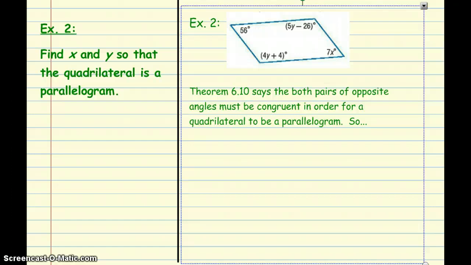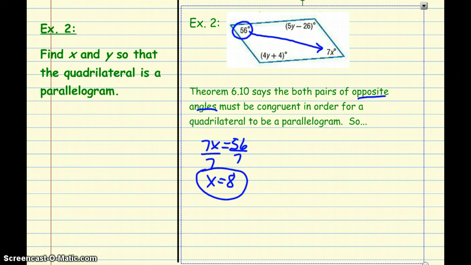So if I know that these opposite angles must be congruent, I can set up an equation for each pair. That means 56 is congruent to 7x. I can solve the equation, and I have figured out that the value of x has to be 8.